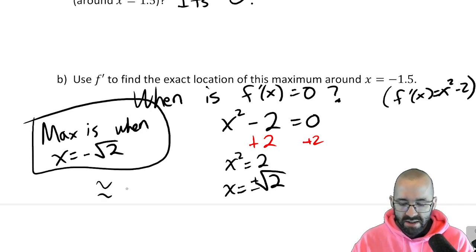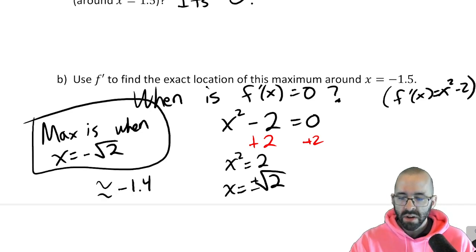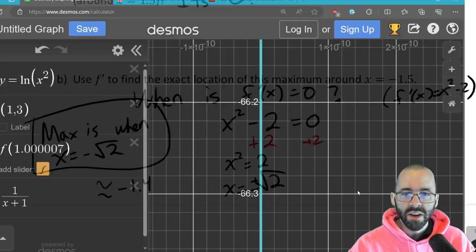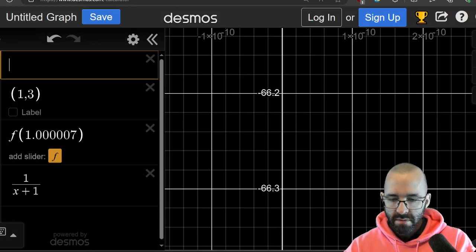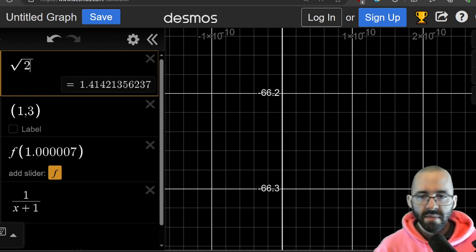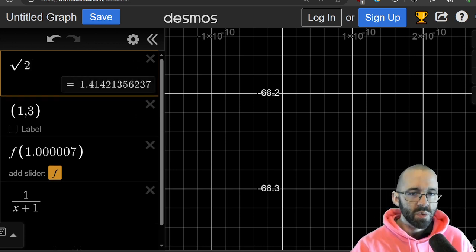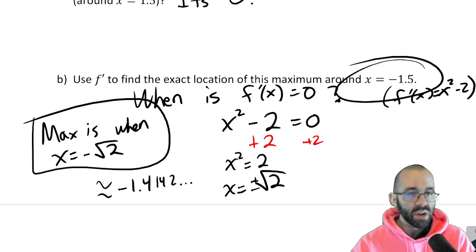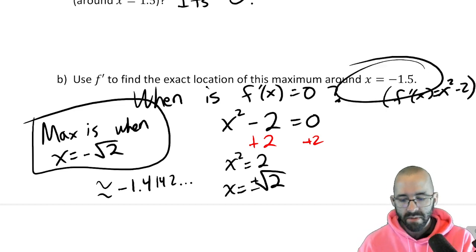And yeah, it turns out that's about negative 1.4. Wait, I forgot. I used to know my square roots better. Where's my Desmos? Found it. 1.4142, blah, blah, blah. Yeah, pretty close to negative 1.5.